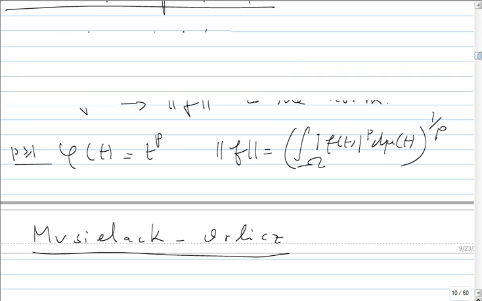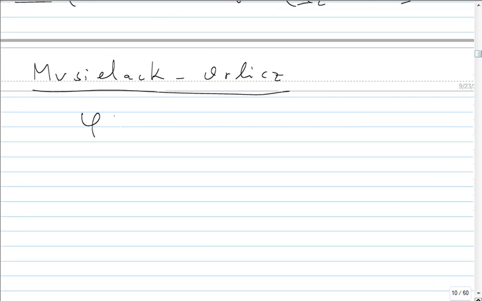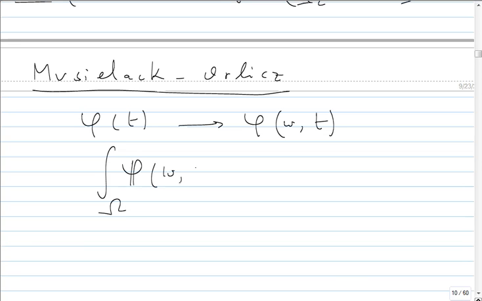So instead of taking a function of one variable, they took a function of two variables, omega and t. Then you consider the functions where you integrate over omega phi of omega and absolute value of f of t, d mu of t. So it becomes more general than the one we have there.